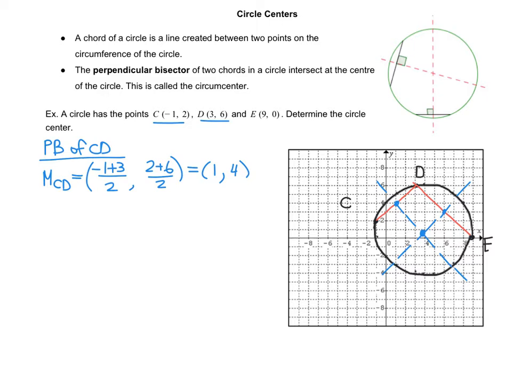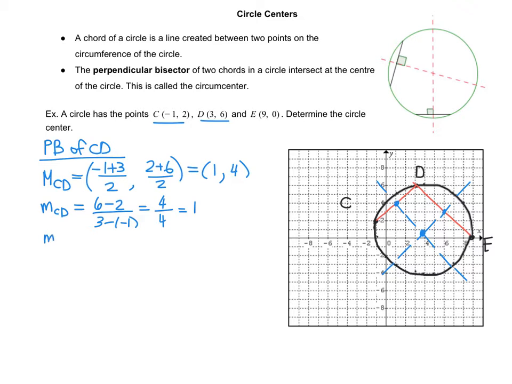Now let's go ahead and find a slope. And once I find the slope of CD, I can take the negative reciprocal to find my perpendicular slope. So make sure you put your y's on top. So 6 minus 2 over 3 minus negative 1. And if I clean this up, I'll have 4 over 4, which is just 1.